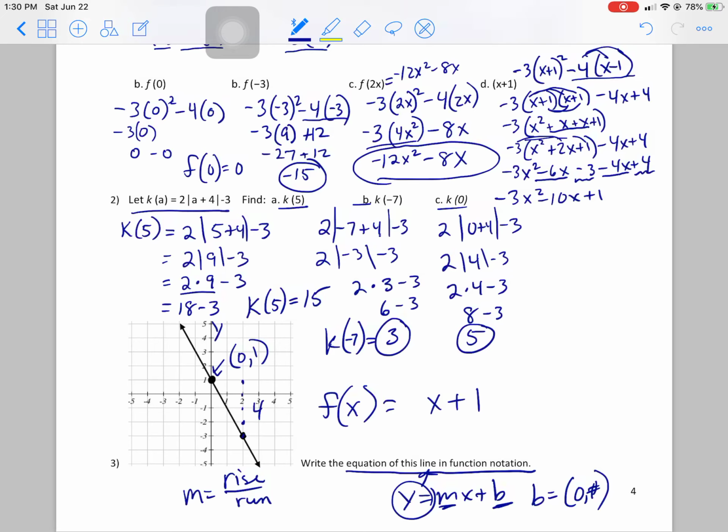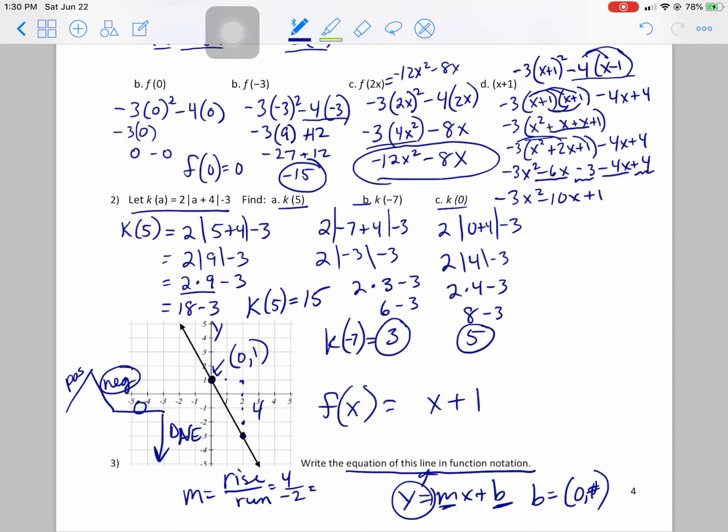So you're rising 4, and you're running back 1, 2, back 2. This is a negative slope. It goes down the mountain. Positive slopes go up, negative slopes go down, 0 slopes go across, undefined slopes go straight down, they're vertical lines. Okay, this is a negative slope, so this makes sense that you're going up and back.